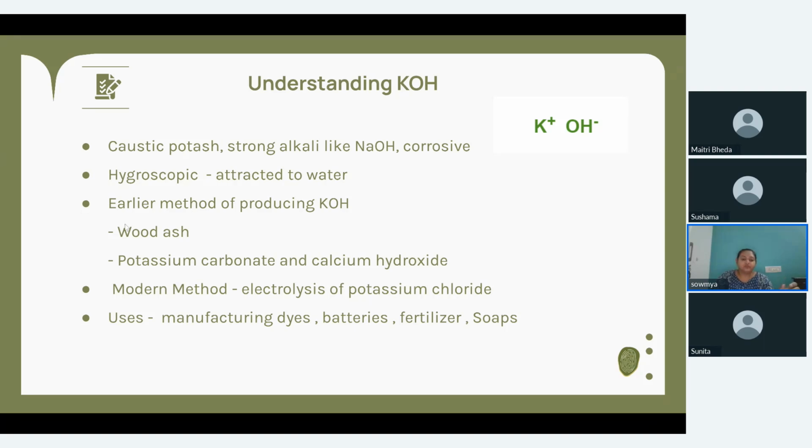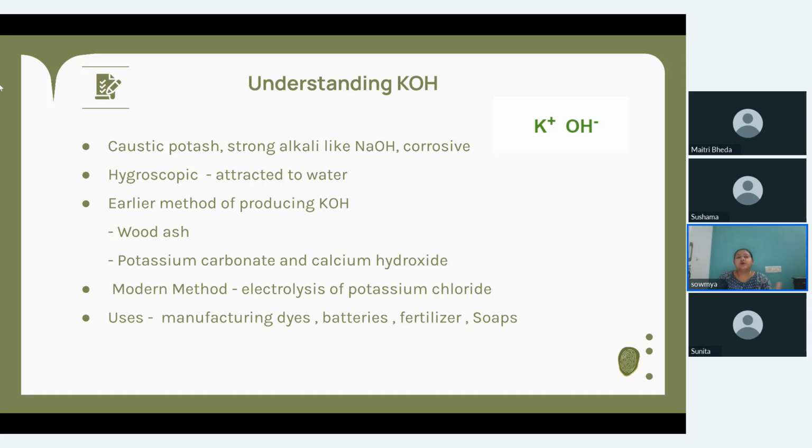There were different methods of how potassium hydroxide was initially made in earlier times. In early days, they used to make it using wood ash. They used to burn the wood, and the ash collected from the wood they treated further, and that is how they got a crude form of potassium hydroxide.